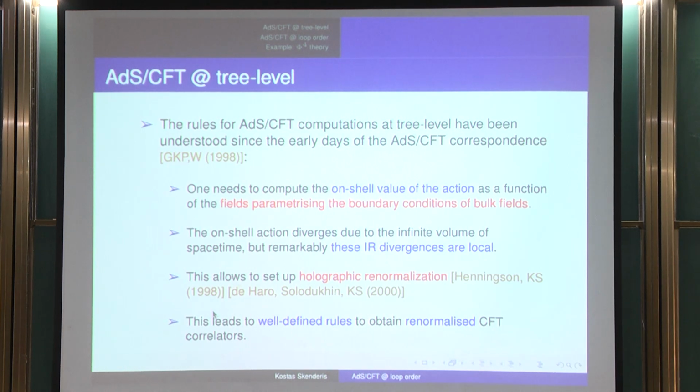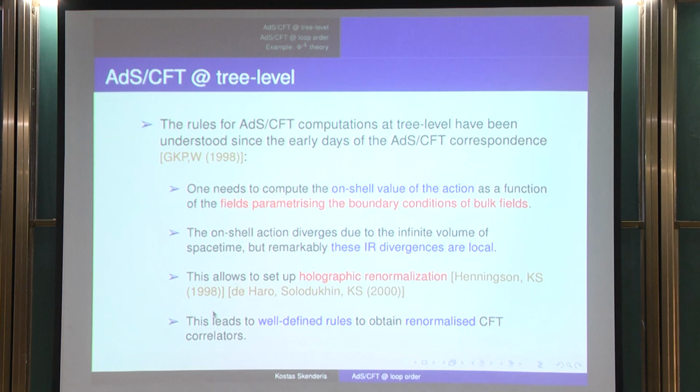Basically, after the Maldacena conjecture, we had the decoupling limit that motivated why gravity in AdS5 × S5 would be dual to CFT N=4 SYM, and a few other cases. And then a few months later, Gubser, Klebanov, Polyakov, and then Witten came up with some computational rules. Actually, the rules we're going to discuss are closer to Witten's rather than GKP, although they're in the same equivalence class. So what are the rules?